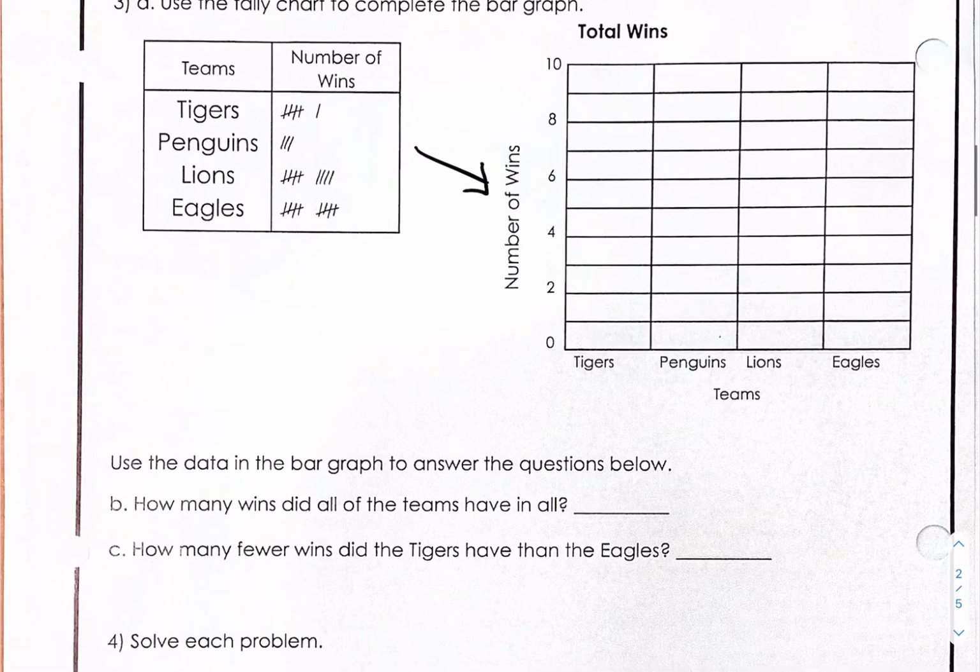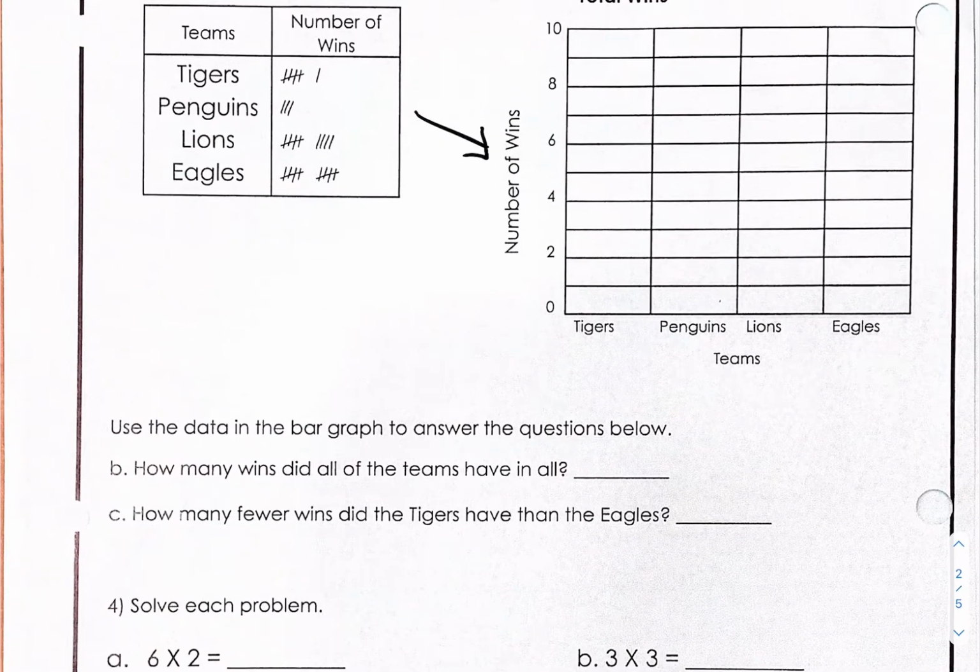Then you're going to use that to answer questions B and C. So B says, how many wins did the team have in all? All of the teams in all. So in all is an adding keyword.